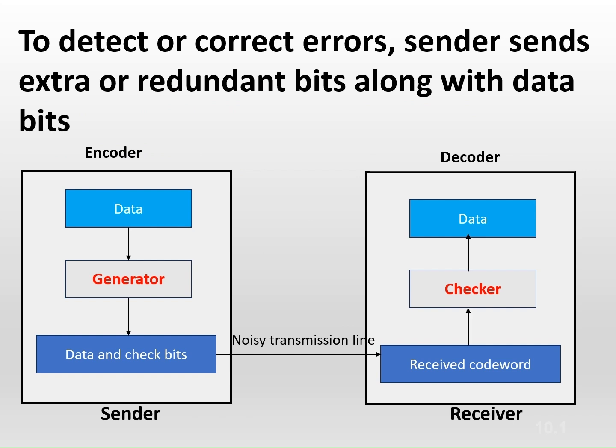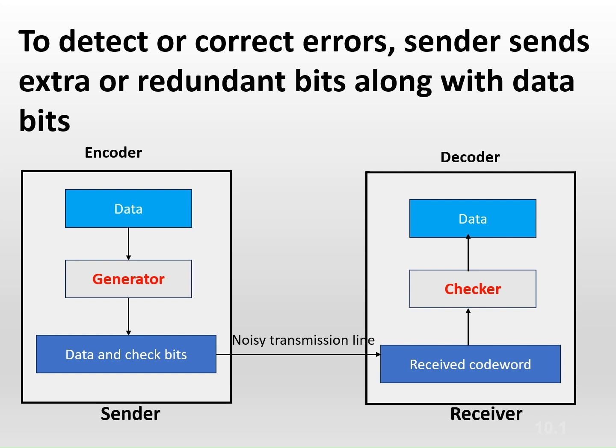So to detect and correct errors, the sender will send extra or redundant bits along with the data bits. So on the sender side, there is an encoder, and the job of the encoder is to take the data and feed it to a generator which will decide which redundant bits to add and how many bits to add, and then it will be the complete code word.